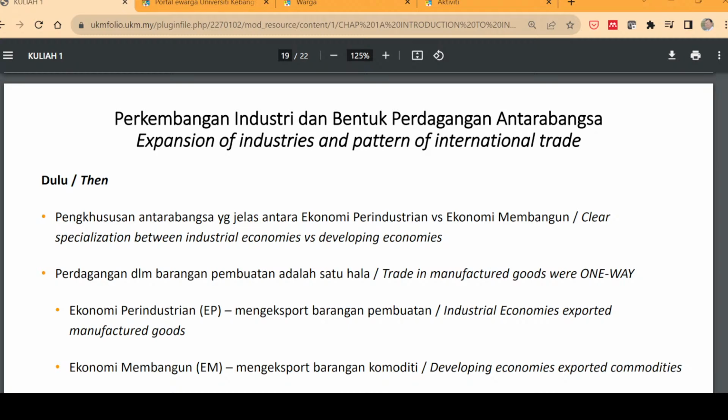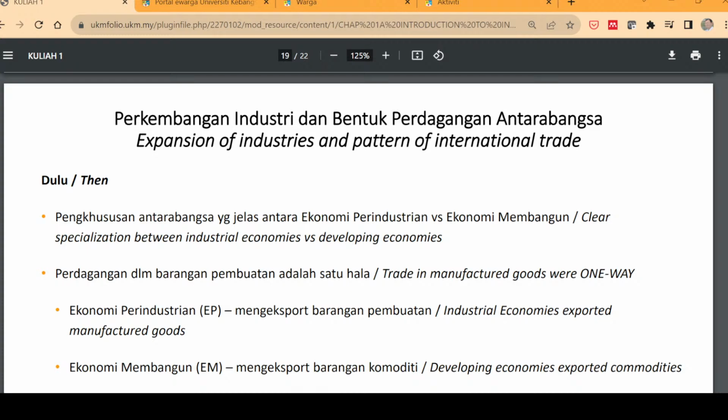And so today we're going to continue, and this page here explains to you the pattern of trade in the past. The main point here is with the manufactured goods that came out from factories. We call it manufactured goods.